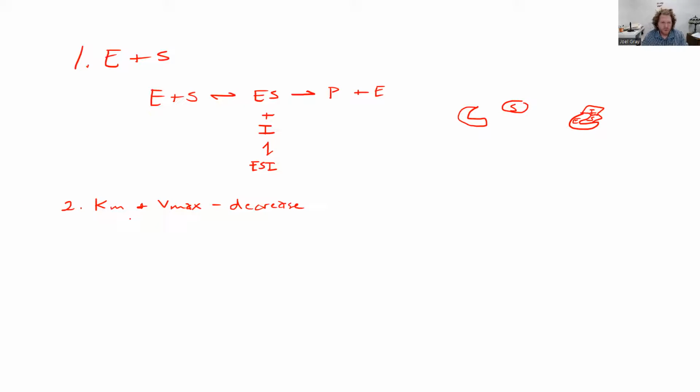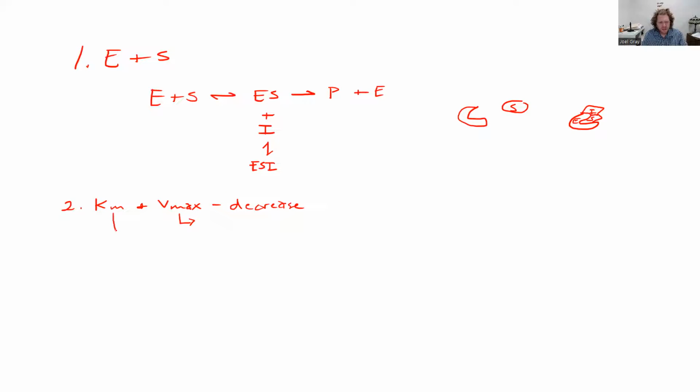Vmax going down kind of makes sense and is straightforward to me, because an inhibitor should slow down or stop a reaction. So your Vmax is going to decrease.